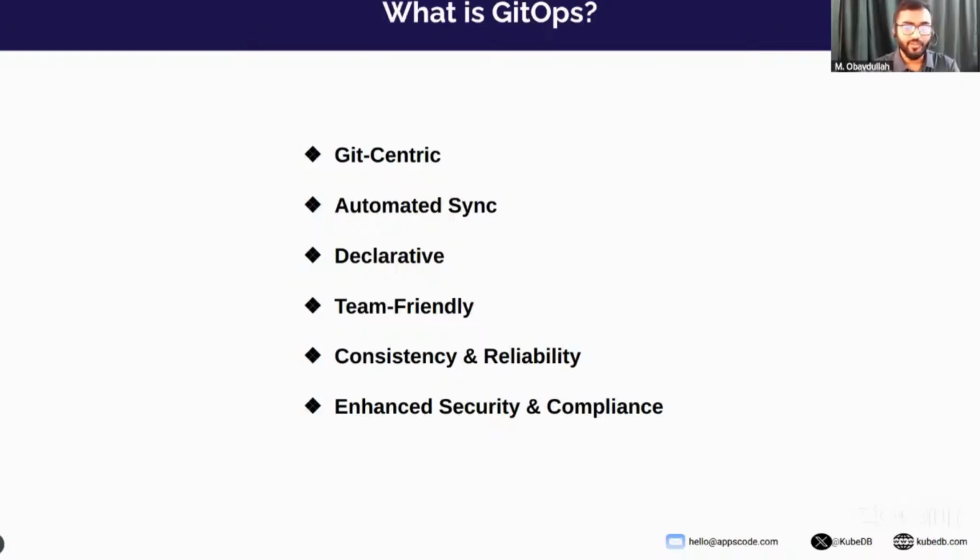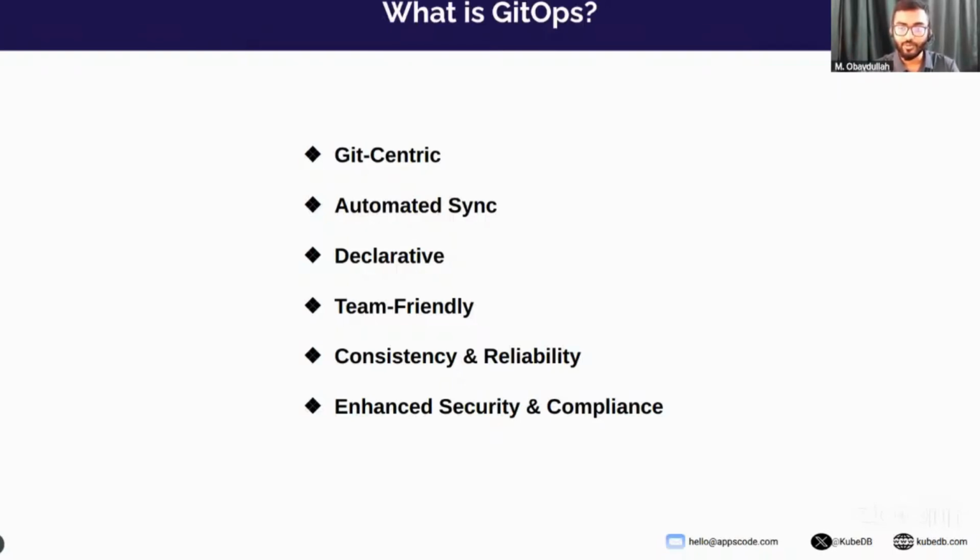Then team friendly. It's team friendly too. Changes are made through pull requests, so your team can review your changes and collaborate on your code, ensuring better quality. Then consistency and reliability. GitOps delivers consistency and reliability by enforcing the desired state from Git.